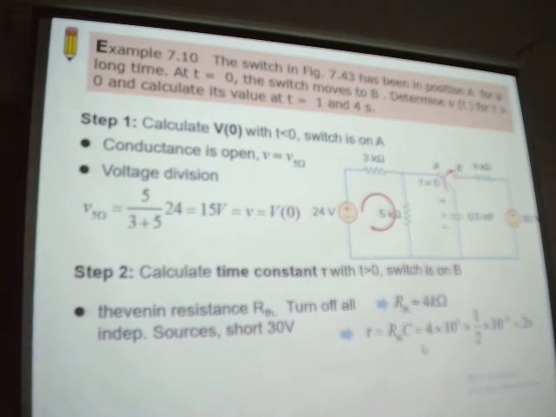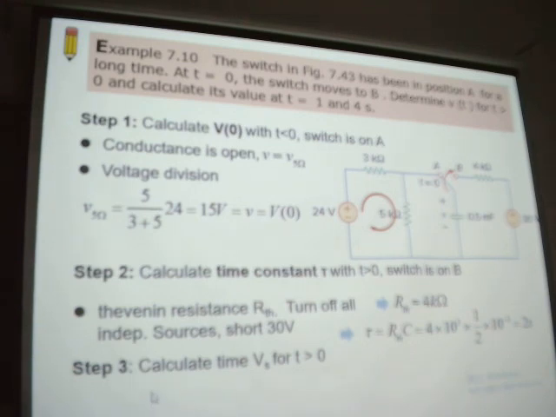Because for our RC circuit, we have our C inside, and we also have our RTH inside. So our RTH is equal to 4 kΩ, and we just put the value of RTH inside, and after calculation, the tau is 2 seconds.